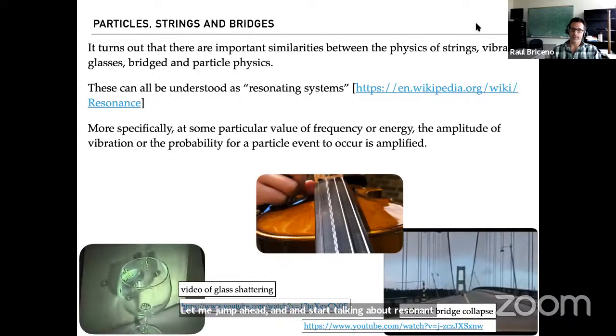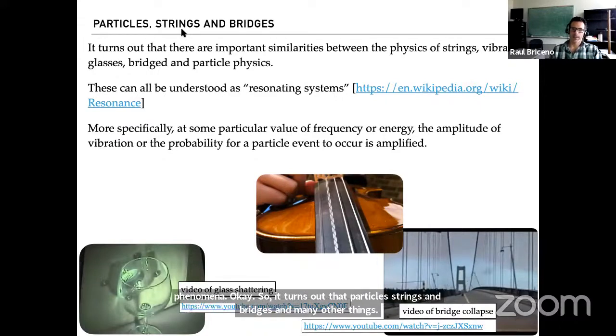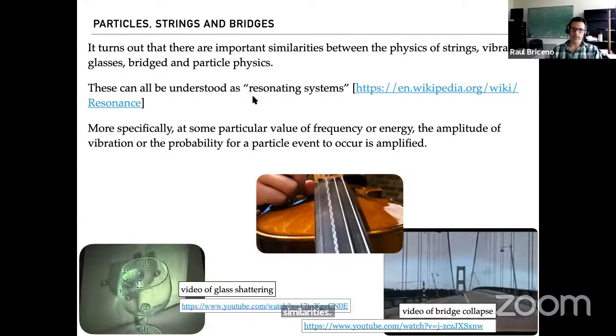So it turns out that particles, strings, bridges, and many other things have a very common underlying description, which is that they possess some similarities. In fact, they can all be understood as resonating systems. Whether it's a string, right?